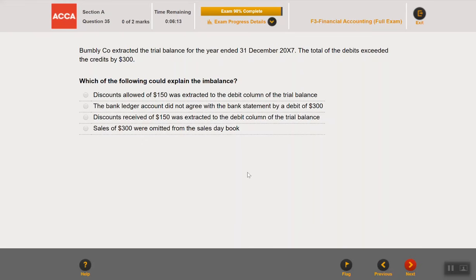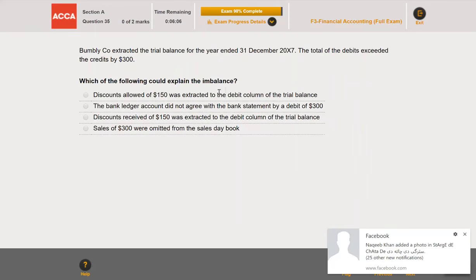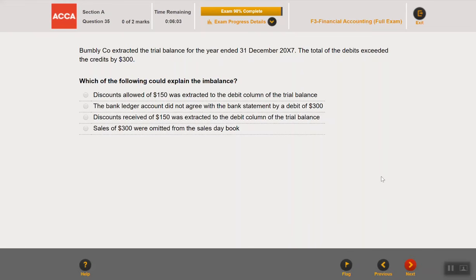Discount received is a credit, and if we write it on the debit side, the debit side will be higher, and it will be higher by twice. If you write something on the wrong side, that side will become 2 times higher of the amount. So C is the answer.